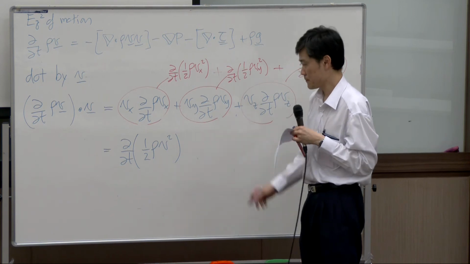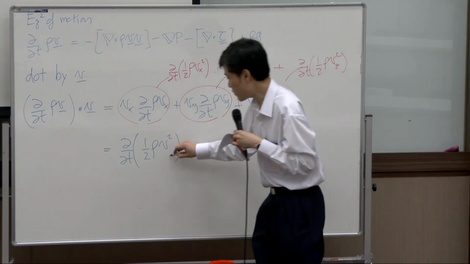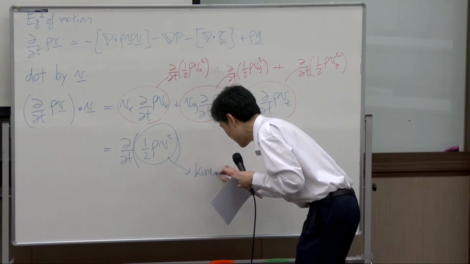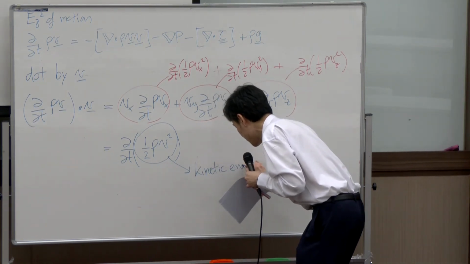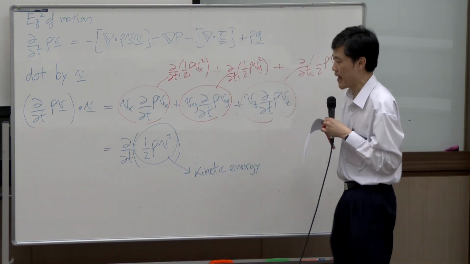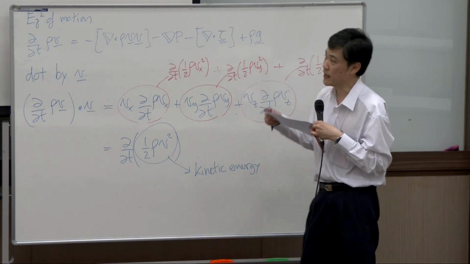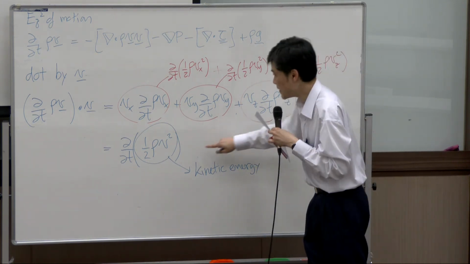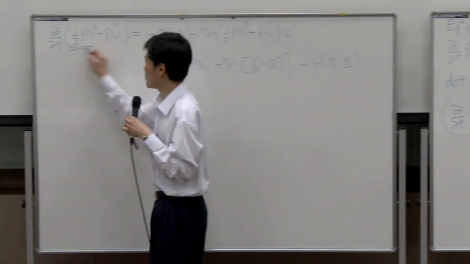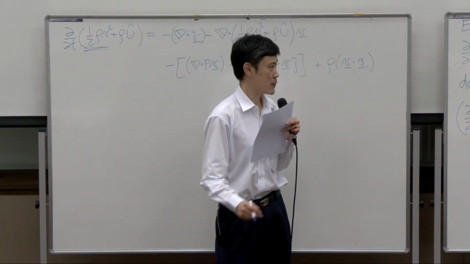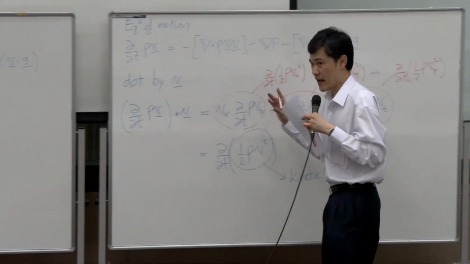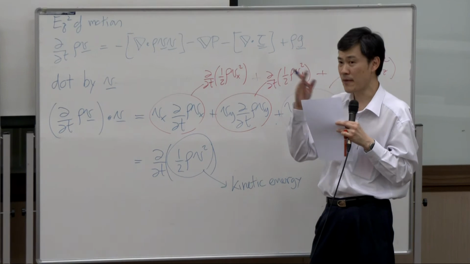Why do I do that? Because 1 over 2 rho v squared here is kinetic energy per unit volume. No, kinetic energy per unit mass that we use in the equation of energy. All right? This term is exactly the same as this term. And keep in mind again, what are we doing now? Let's step back a bit.